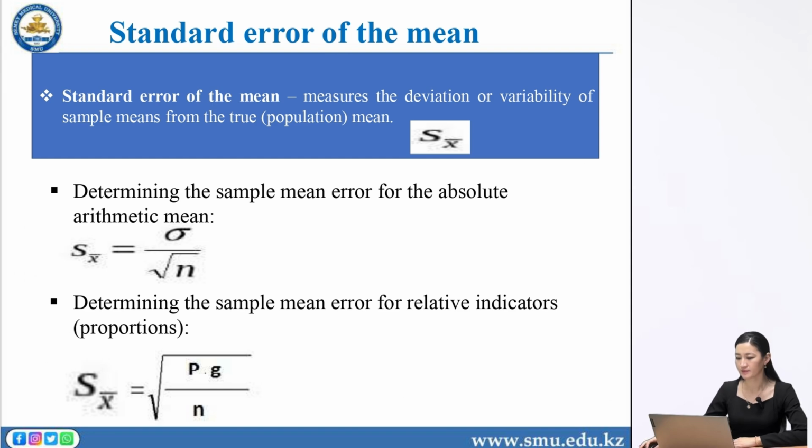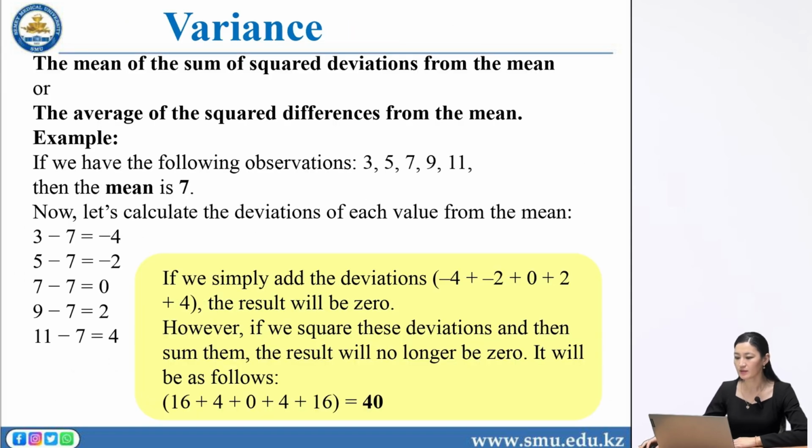Next, variance. The mean of the sum of squared deviations from the mean, or the average of the squared differences from the mean. For example, if we have the following observations 3, 5, 7, 9, 11, then the mean is 7.